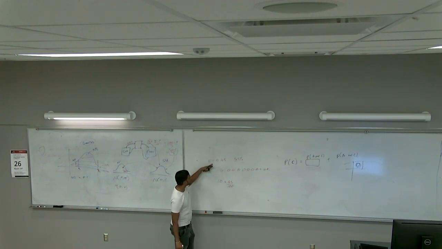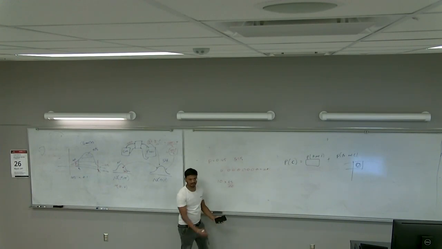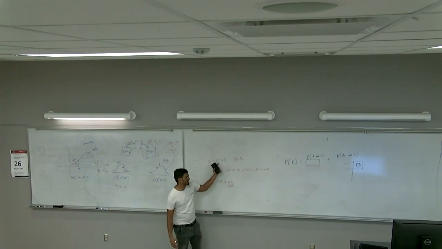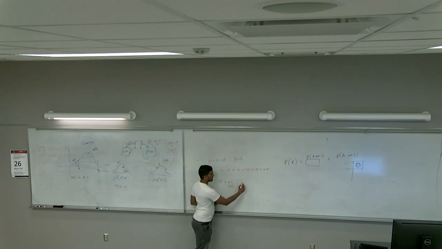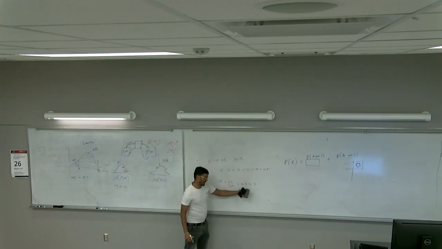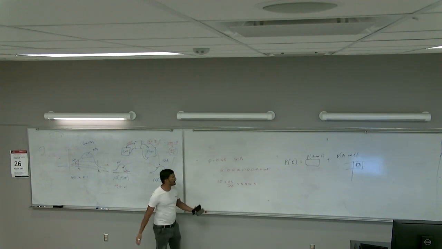Because this says the national average is 45% to have blood type O. So if you have 10 people in a row, you should have 4.5 people. Let's take 5. So there should be about 5 people in this row with the blood type O.